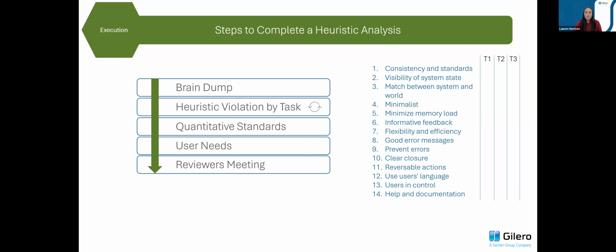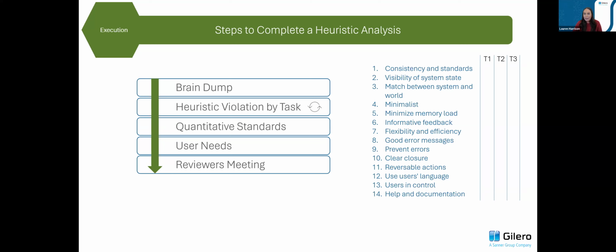I've added a little graphic here on the right that shows what the format might look like for you. Essentially, you're going to read your task 1. Let's say that's opening your package. Then you're going to read each heuristic and apply it only to that task 1.